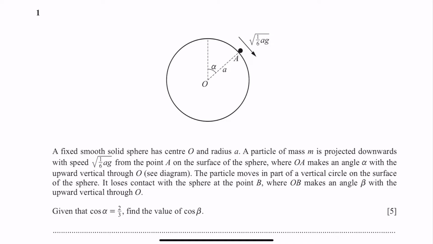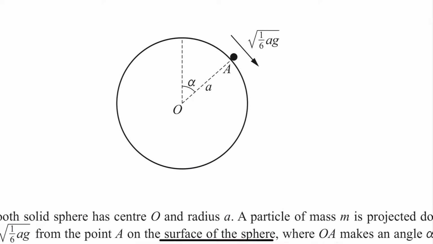It loses contact with the sphere at point B, where OB makes an angle beta with the upward vertical through O. So let's assume that this is point B, and it makes an angle beta with the upward vertical.